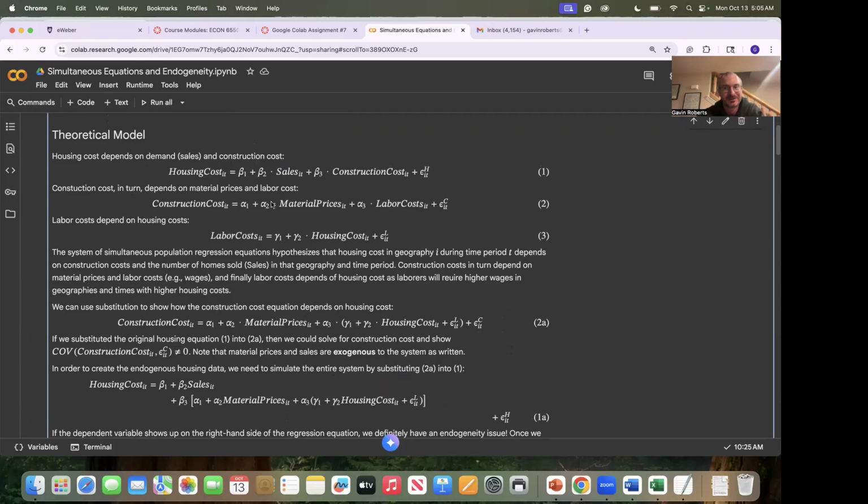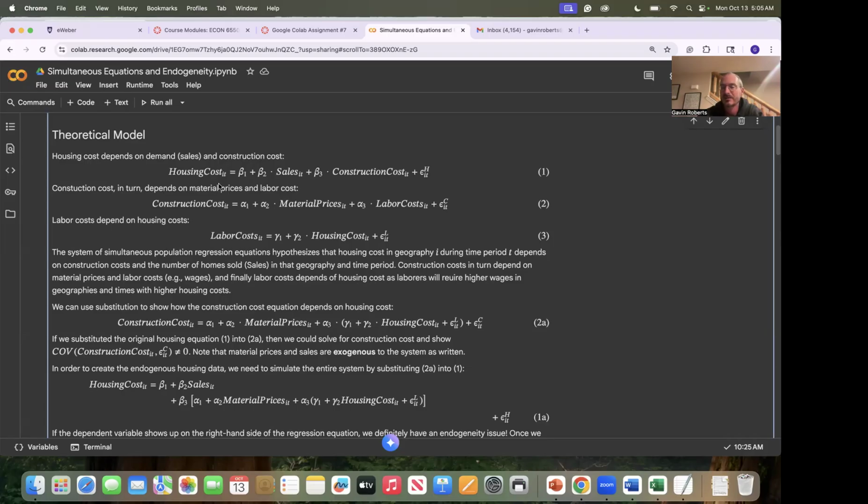We already know that there could be issues with that from other lessons, like this is basically putting quantity and price in the same equation. We're going to ignore that part of the endogeneity issue for this particular example, but if we were collecting data on that, we would probably want to be concerned about that.